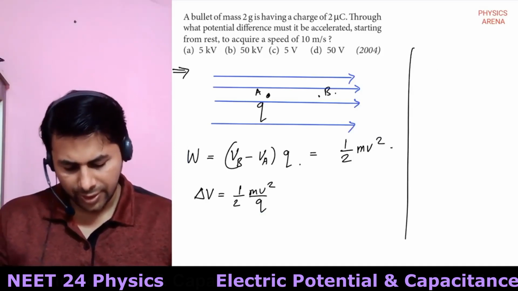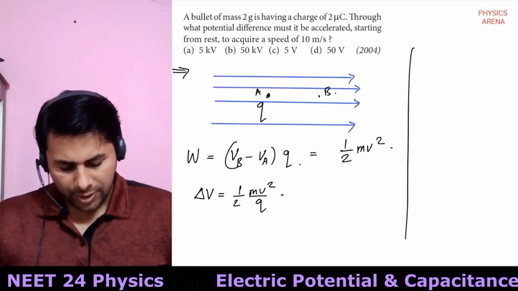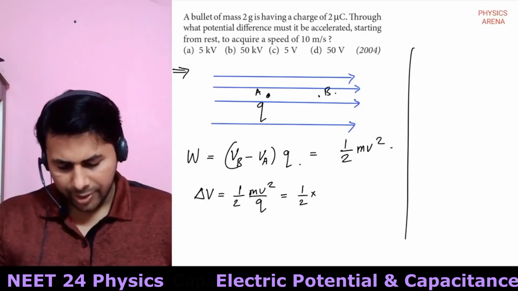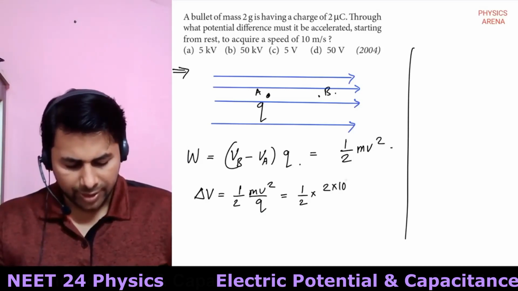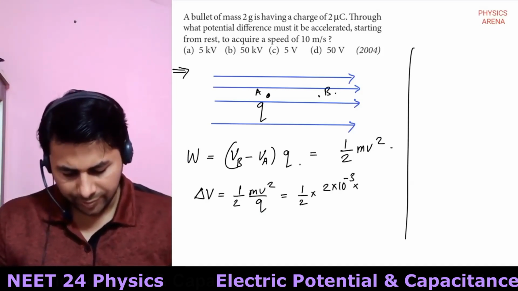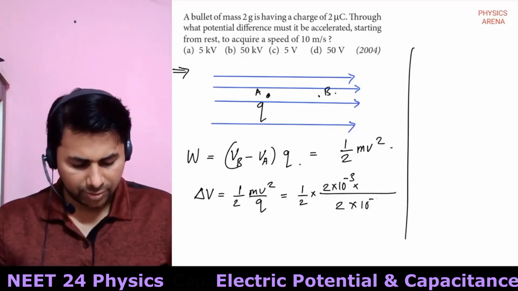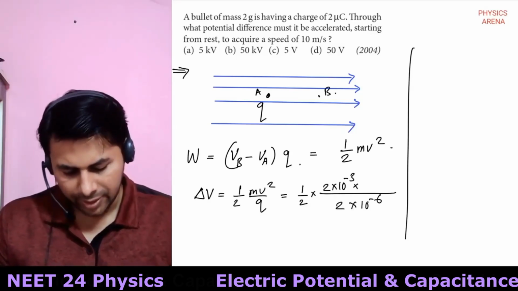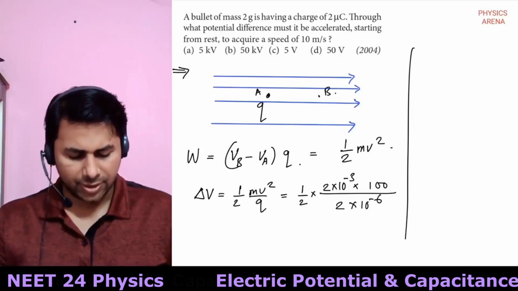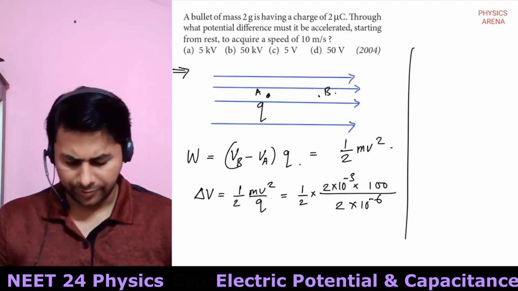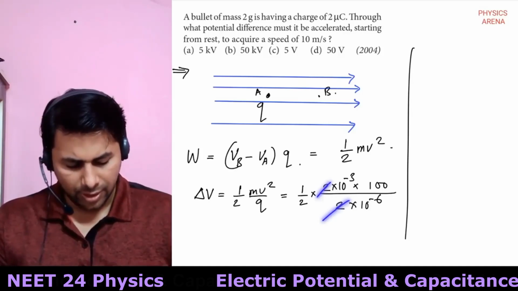So this is equal to half of m, which is 2 grams, 2 multiplied by 10 raised to minus 3, divided by charge, 2 microcoulomb, so 2 times 10 raised to minus 6, and speed is 10 meters per second, so v square is 100. The 2 gets cancelled out, still you have this 2.